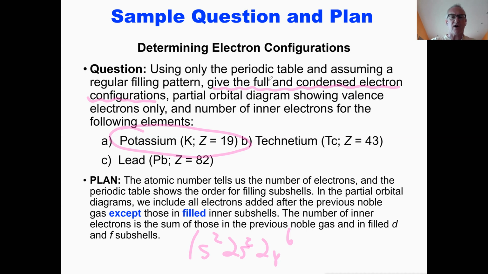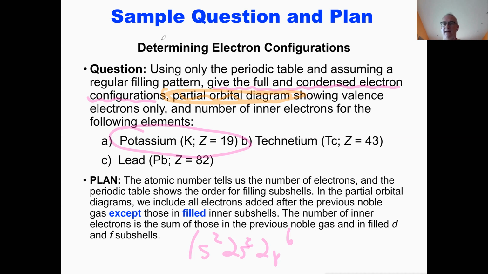Now, what's the partial orbital diagram? That's going to be with the arrows. That's right. But what's a partial orbital diagram? You're only going to show the remainder from the outermost.